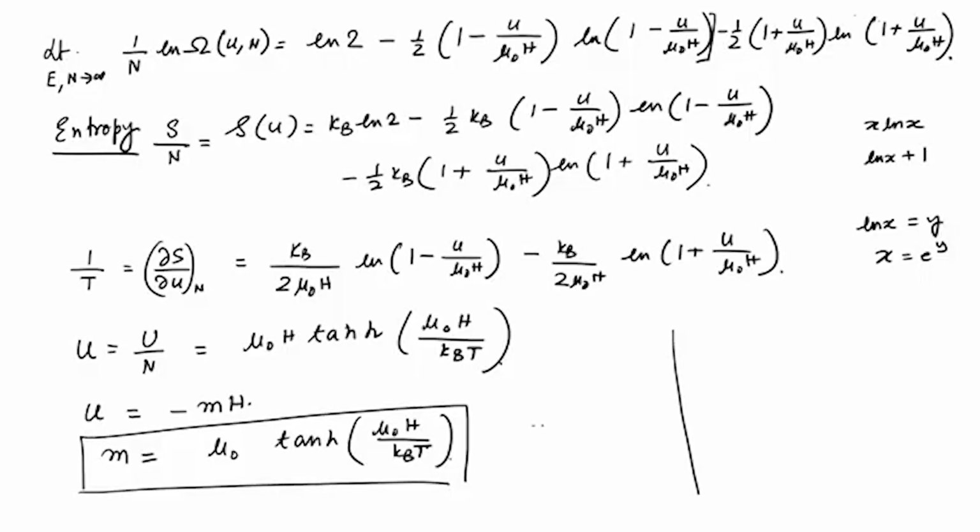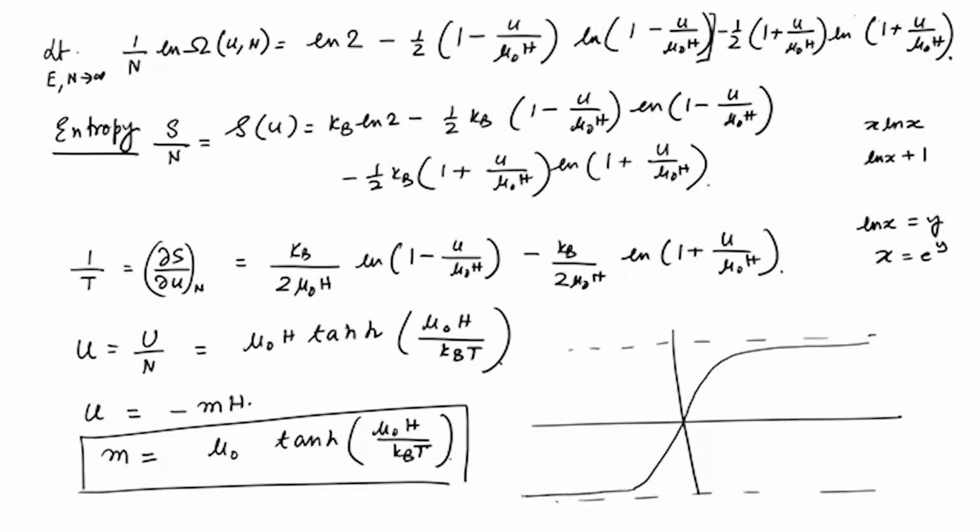And if you plot this magnetization, then let me draw it, so it goes as a tan hyperbolic, which has a form like this. So this is plus mu 0, that is the maximum value, and this is minus mu 0.